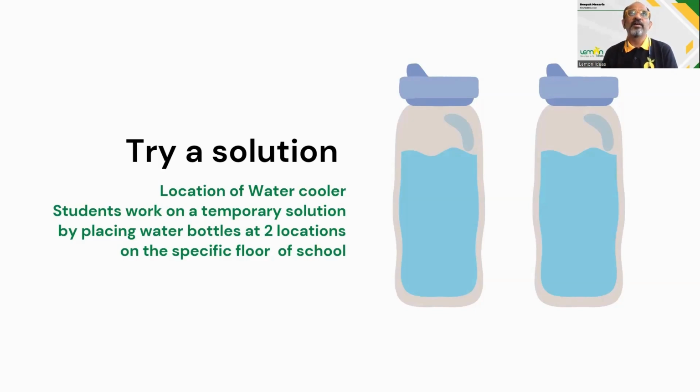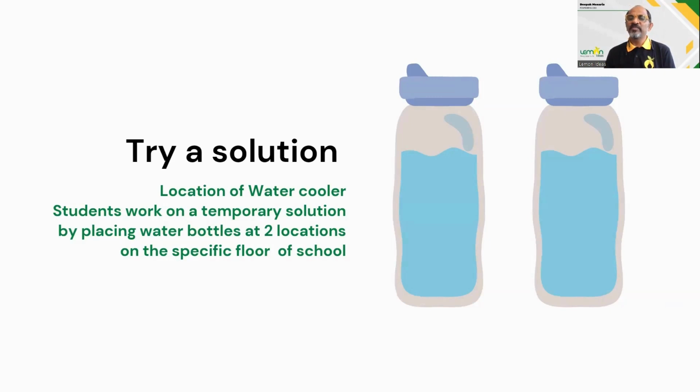So they discussed among themselves, thought of possibilities, and then decided, okay, things we are not sure of at this point of time, let us think of a solution which could be easy to implement.